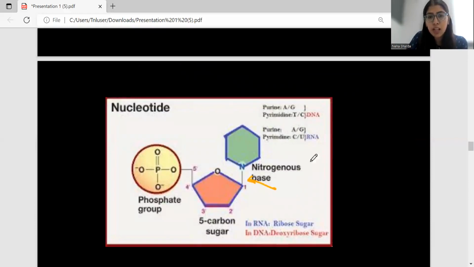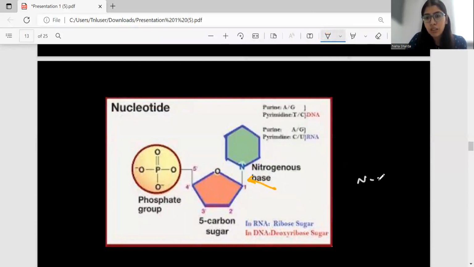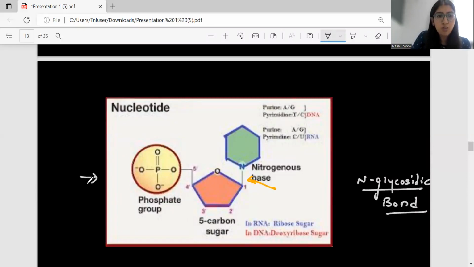What is this bond? Glycosidic bond. And what is this bond? Phosphoester bond. And this is our nucleotide.